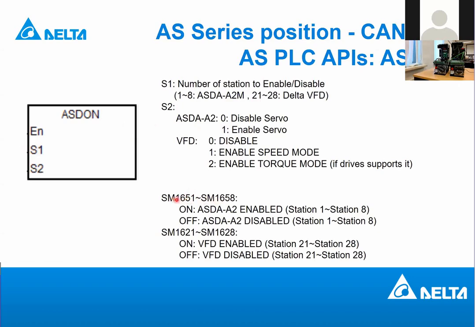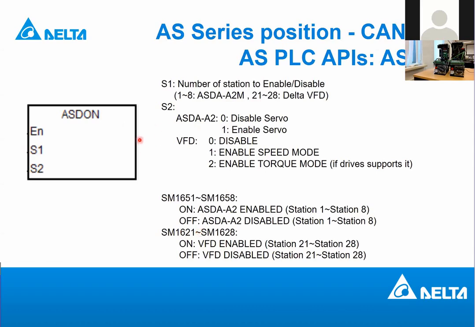For Servo drive, we have this feedback flag for the 8 slaves, if you have up to 8 slaves. When it's on, the flag turns on. And for the inverter, if the inverter is enabled, that flag turns on. So it gives you feedback that, yes, my drive is ready.